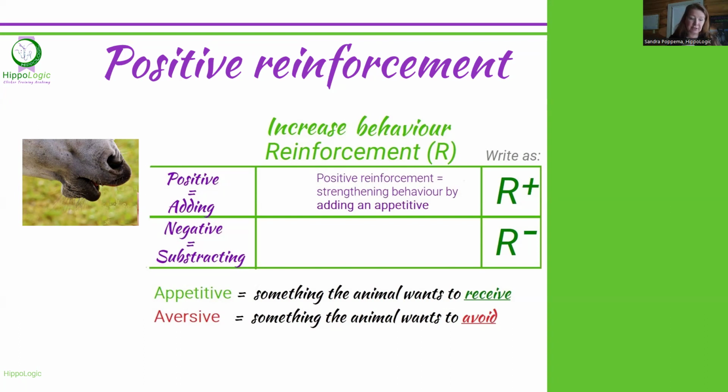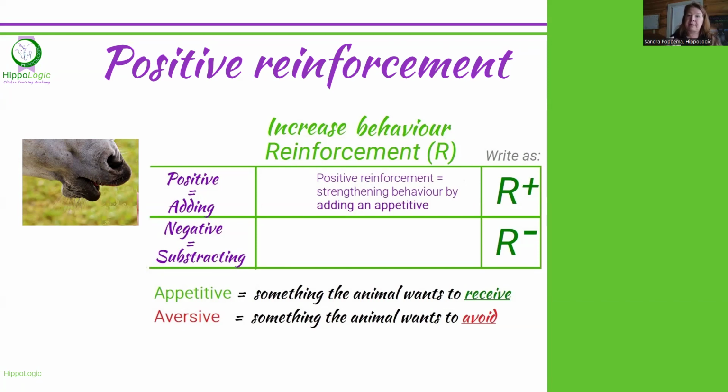So it needs to be an appetitive, something the horse wants to have. In other words, the horse learns that something good will happen when he performs a behavior. And it's important to notice that in positive reinforcement, the reinforcer comes after the behavior. In order to offer clarity, we use a bridge signal or a marker, that's the clicker, to mark the desired behavior.